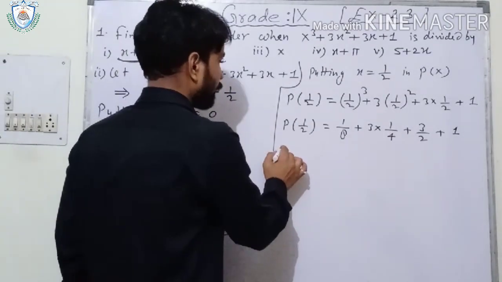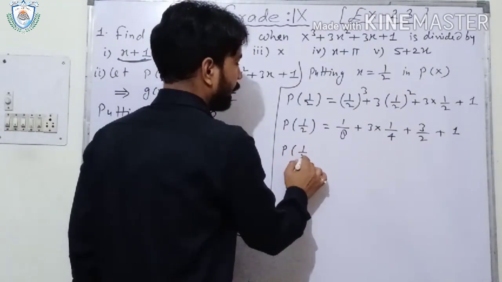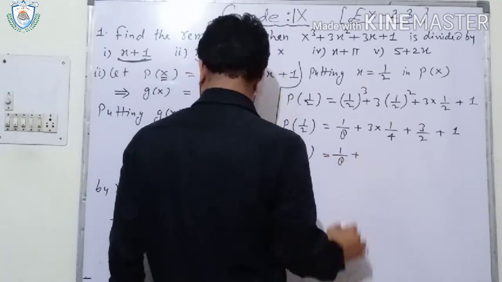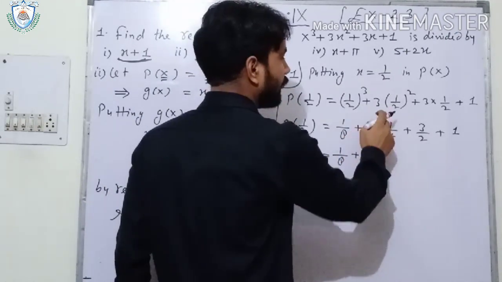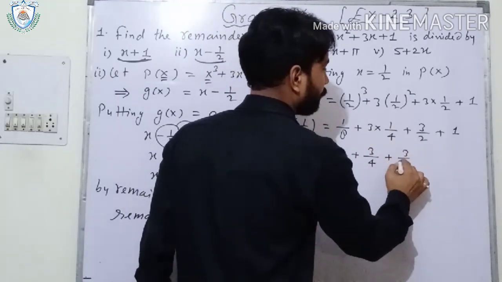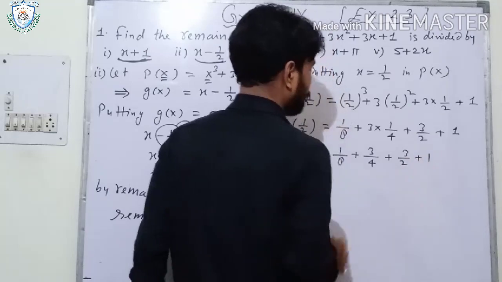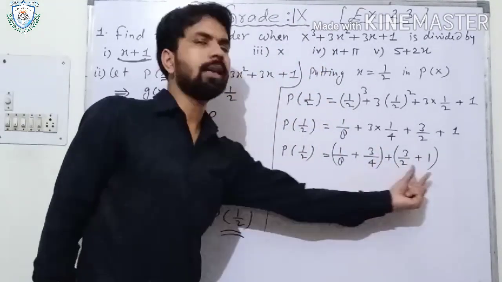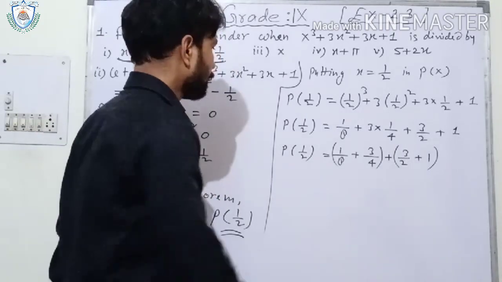Now see, P of 1 by 2 equals 1 upon 8 plus 3 upon 4 plus 3 upon 2 plus 1. Beta, we have to put brackets on the first two terms and the last two terms for simplification.